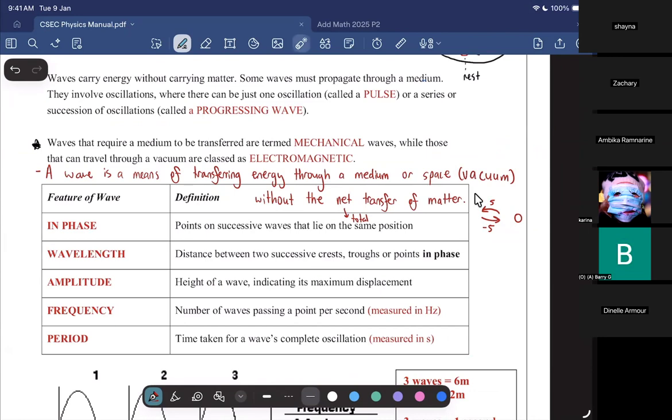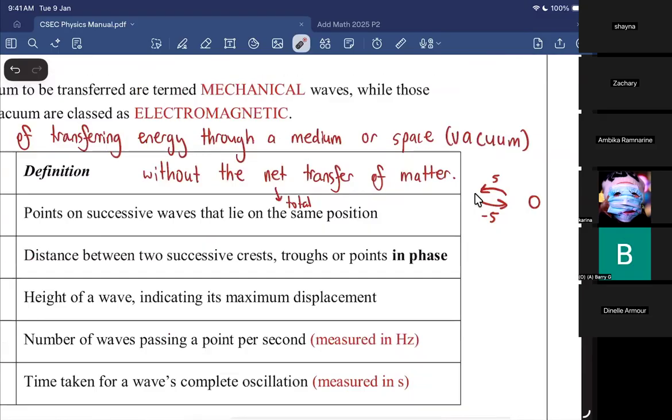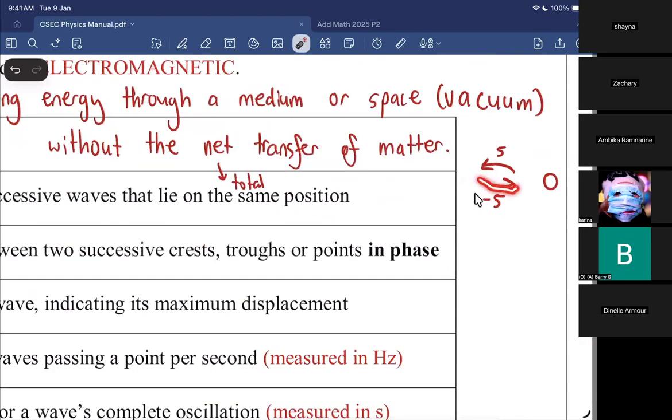Okay, so you see how Janelle told me she was confused about net? That's good. I thought other people would be confused about that, but I didn't hear anybody. Net just means total. If the speaker is being displaced 5 to the right, we can say -5, and if it's being displaced to the left, we say +5.